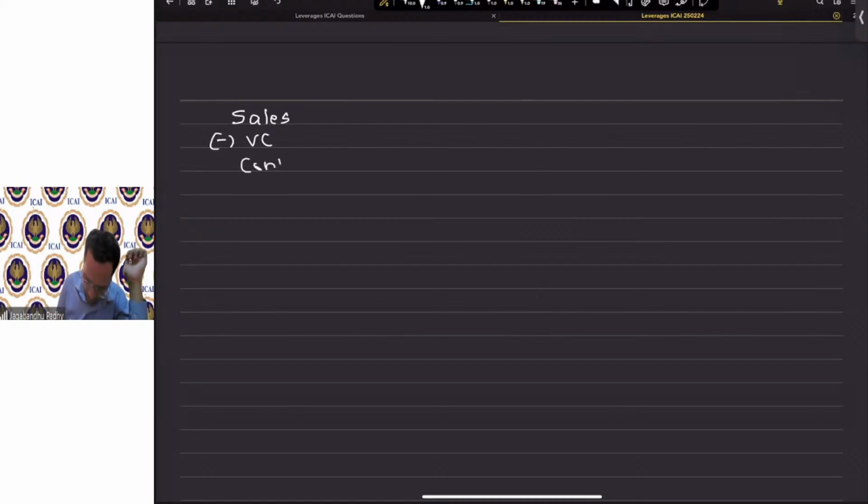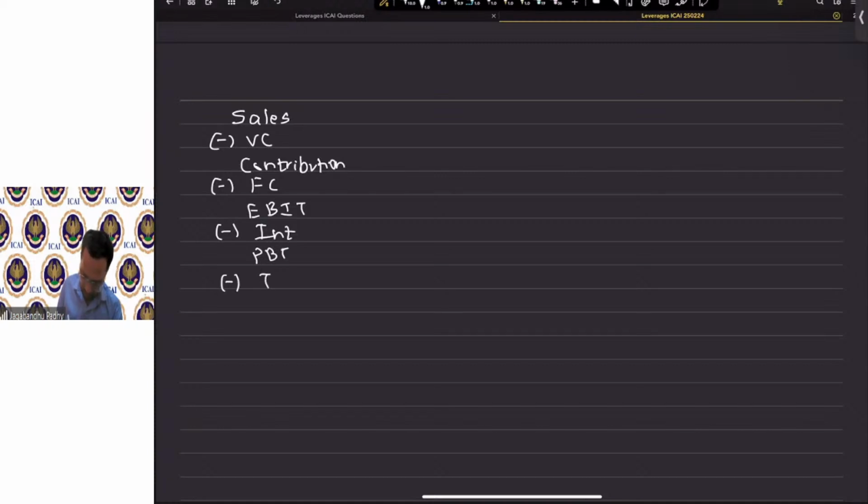Then we have the contribution. Then you subtract the fixed cost to get earnings before interest and tax, right? And then we pay the interest, so we get profit before tax. From that, we deduct the tax to get profit after tax. This is the income statement that we have.